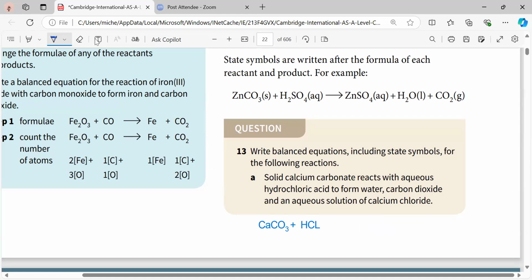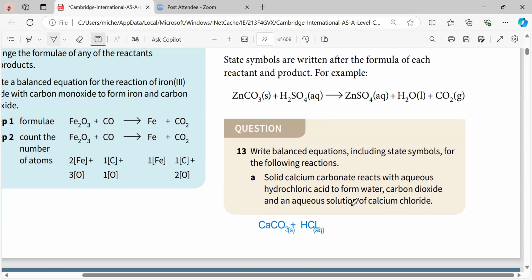Almost forgot once again to write this one. So we need to add this (s) and then (aq) right here, since this is already stated in the question, we have to include that. So here we have it. This is the reactants: calcium carbonate and hydrochloric acid.